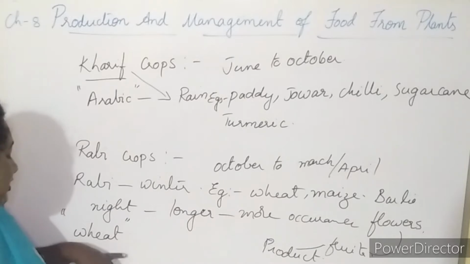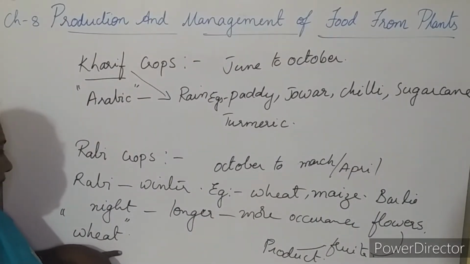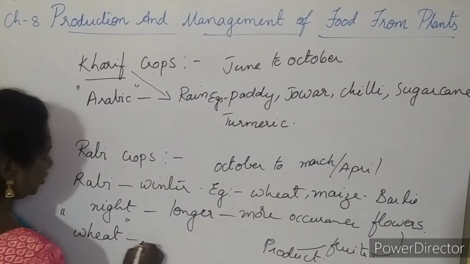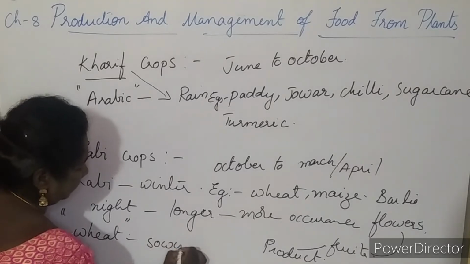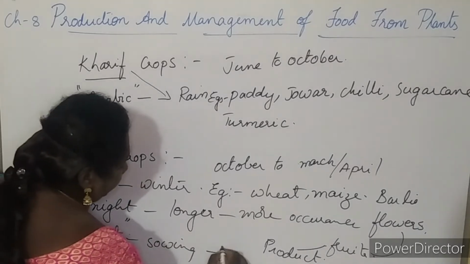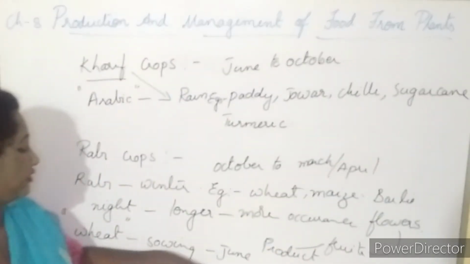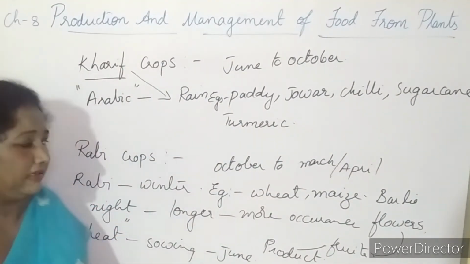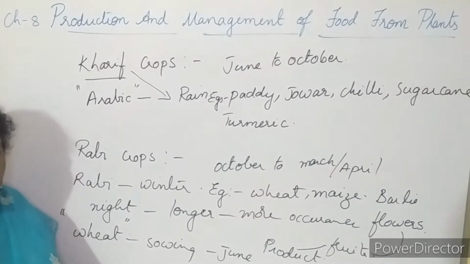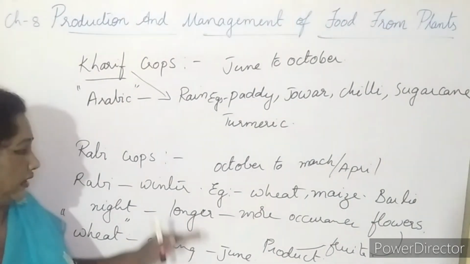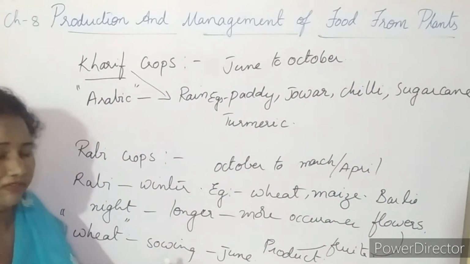Suppose he starts sowing the seeds of wheat in the month of June. It may take until October to give flowers for the wheat.